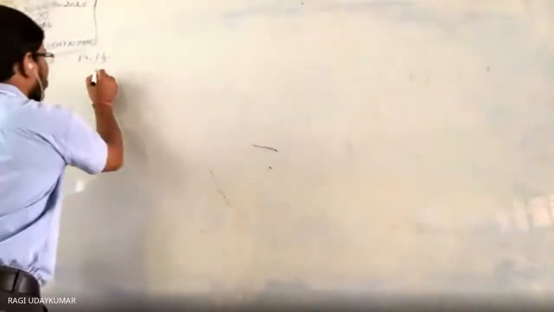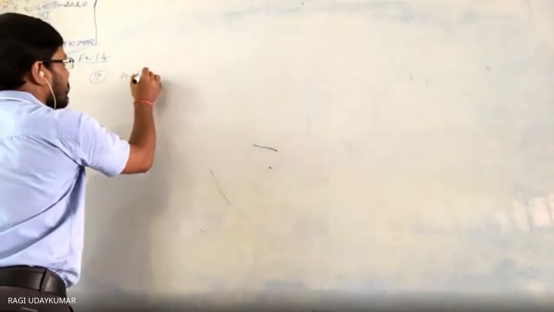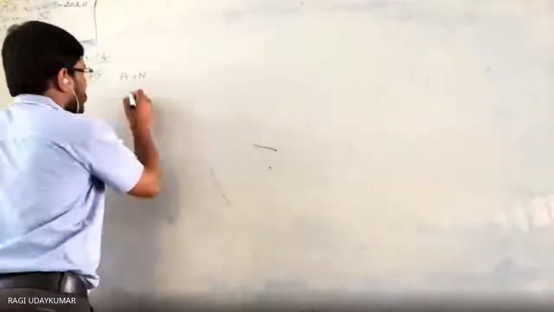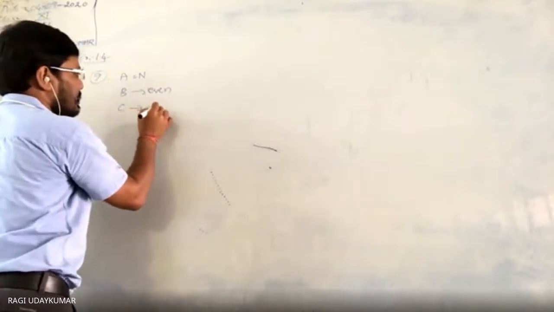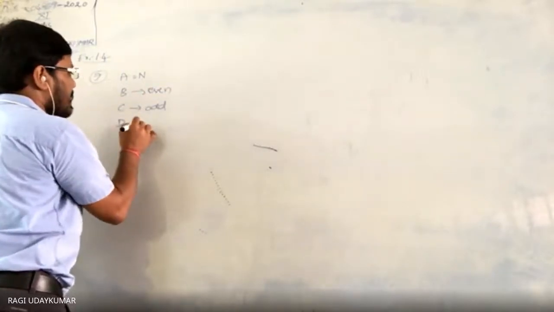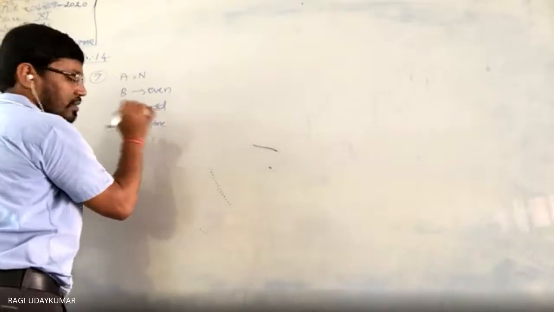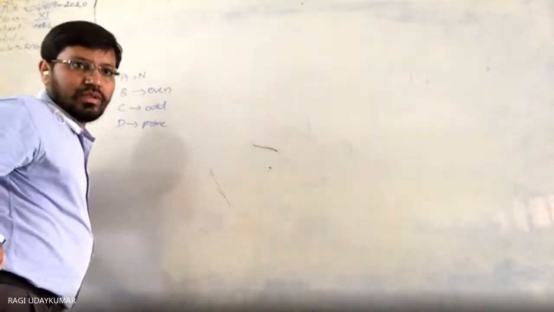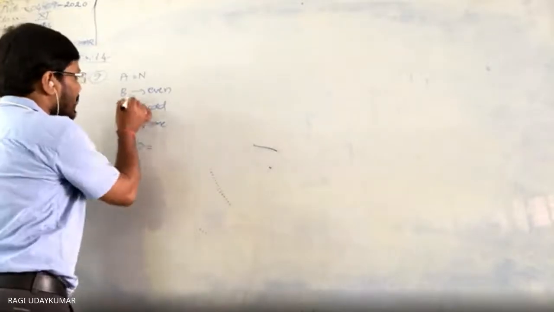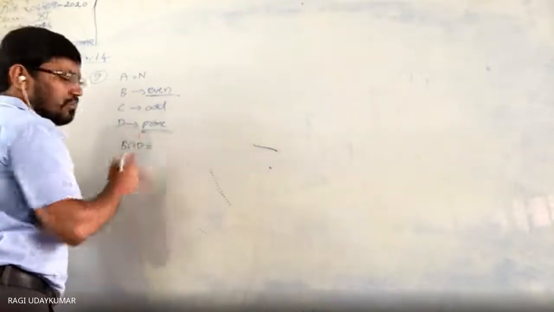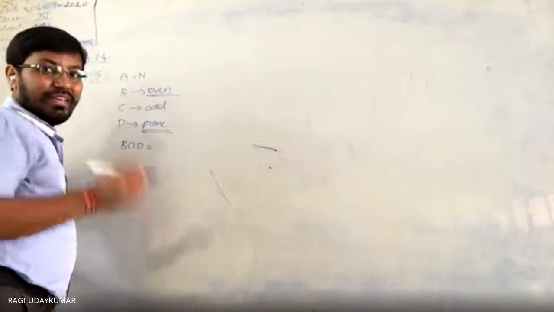Seventh one: A is the set of natural numbers, B is the even natural numbers, C is the odd natural numbers, D is the prime numbers. Now the next question is B intersection D. B is even numbers, D is prime numbers. So what is the even prime number?